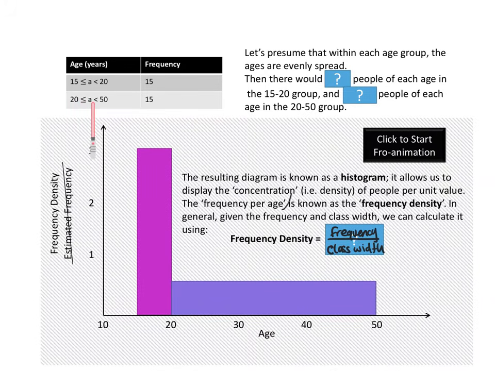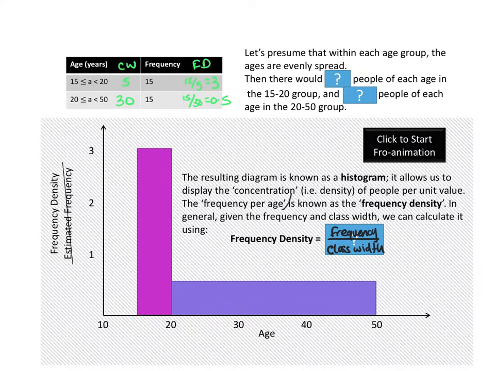And that's going to be about 0.5, roughly. So what we have to do is our frequency divided by our class width. So we know our class width, if I do this in green, is 5 and 30, and our frequency is 15. Oh, it's 30, sorry everyone. 15 divided by 5 is 3, and then 15 divided by 30 is 0.5.